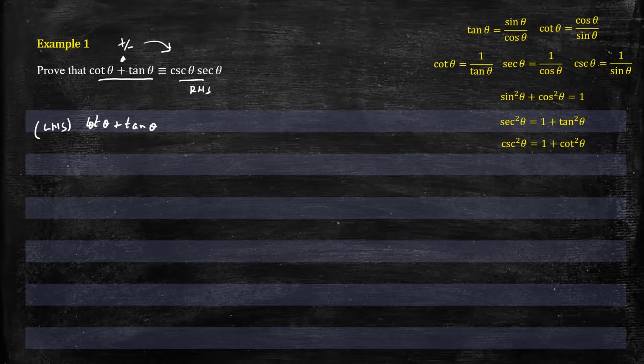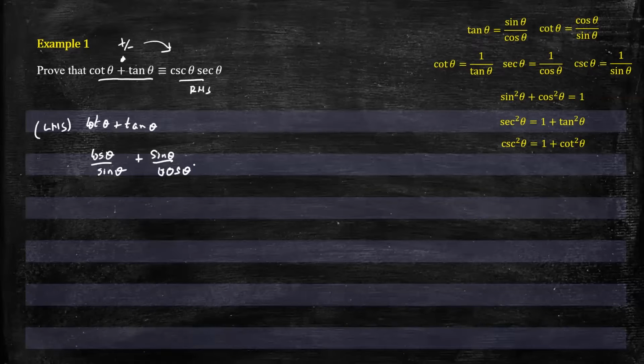Now we know that cot is 1 on tan, and it's also cos on sine, and tan is sine on cos. So I'm suggesting perhaps cot can be written as cos theta on sine theta, and tan can be written as sine theta on cos theta.